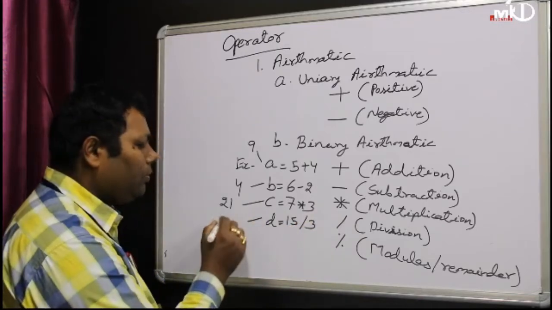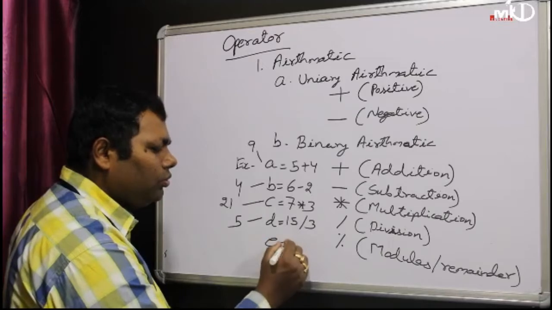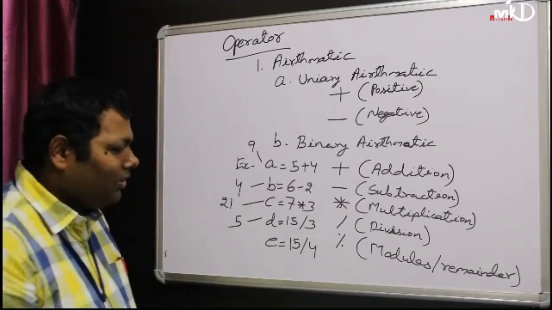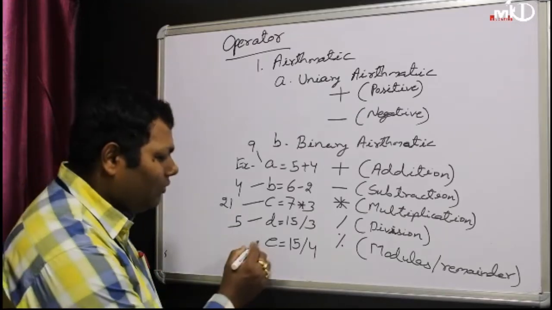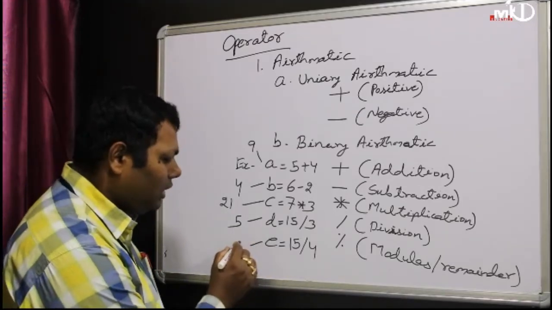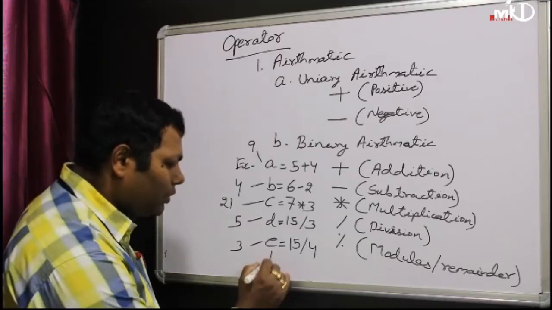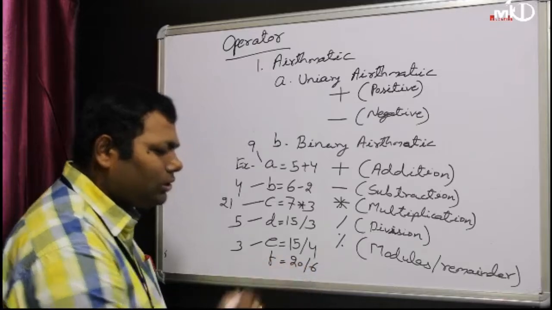Now what is the value of D? 5. Clear? E equal to 15 divided by 4. Now what is the value of E? The E value is 3. One more example, F equal to 20 percent 6.